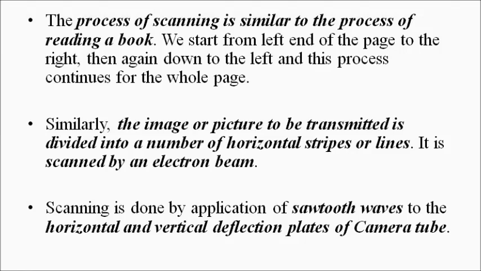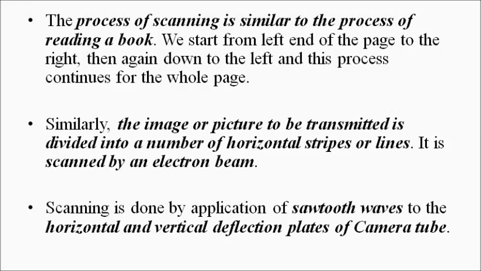Basically the image frame is divided into very many small horizontal lines, and it is broken down into small picture elements, line by line, from left to right, top to bottom, and then it is converted into picture elements.